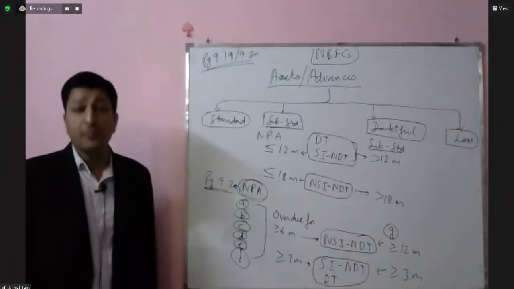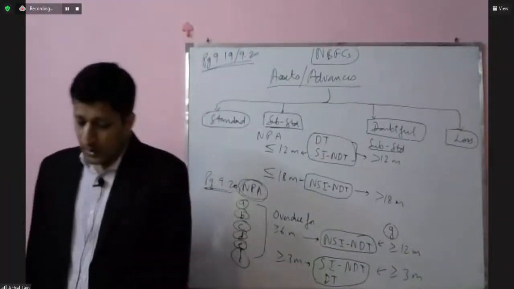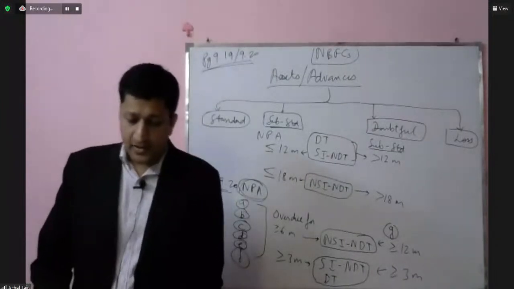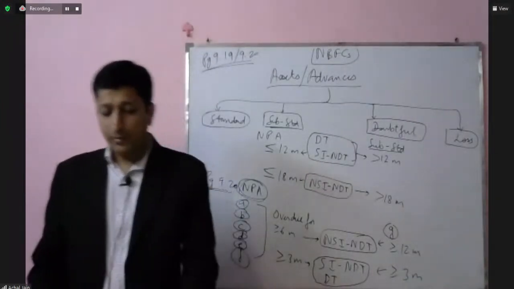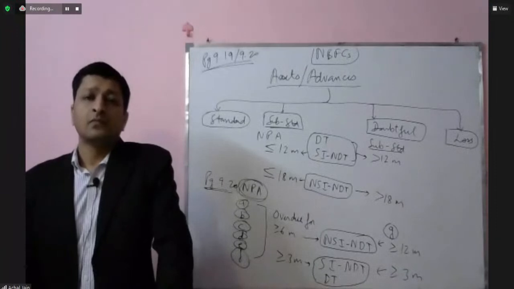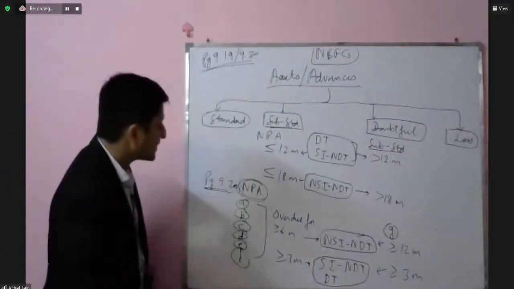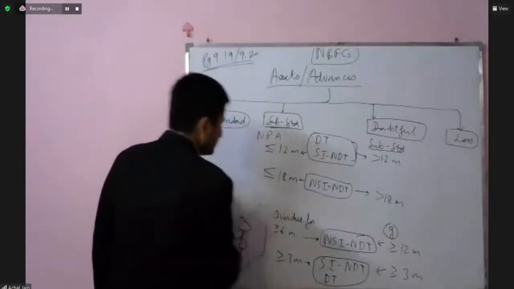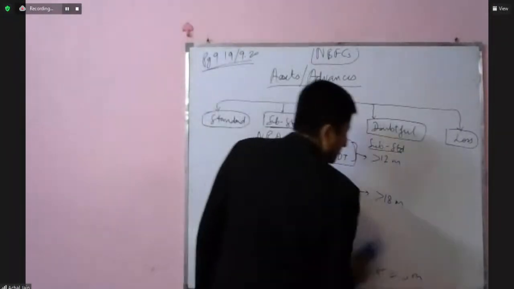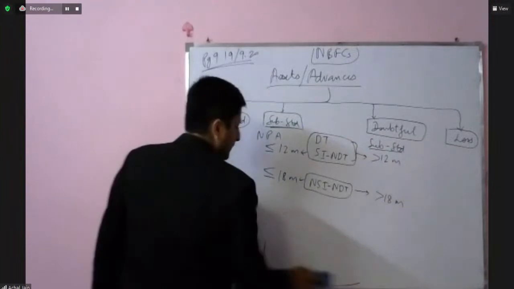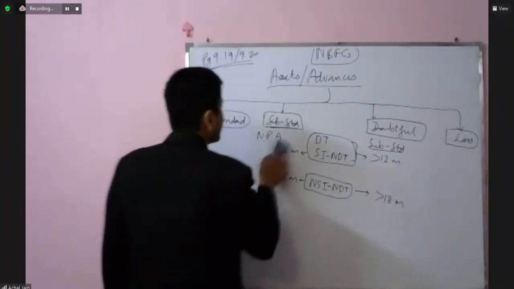Now moving on to the provisioning requirement. We all understand that the provision is required to be made for all these categories of assets. So I'll just clear this part of NPA now, and I'll also clear the criteria.